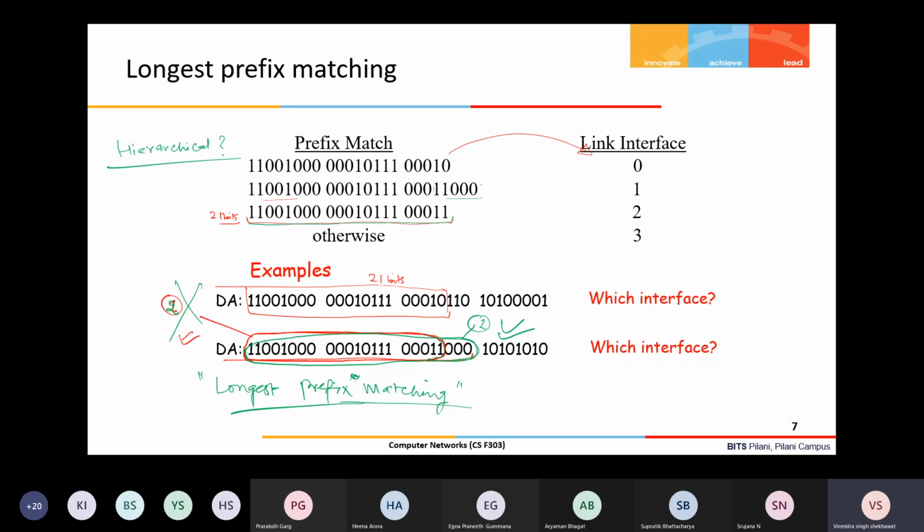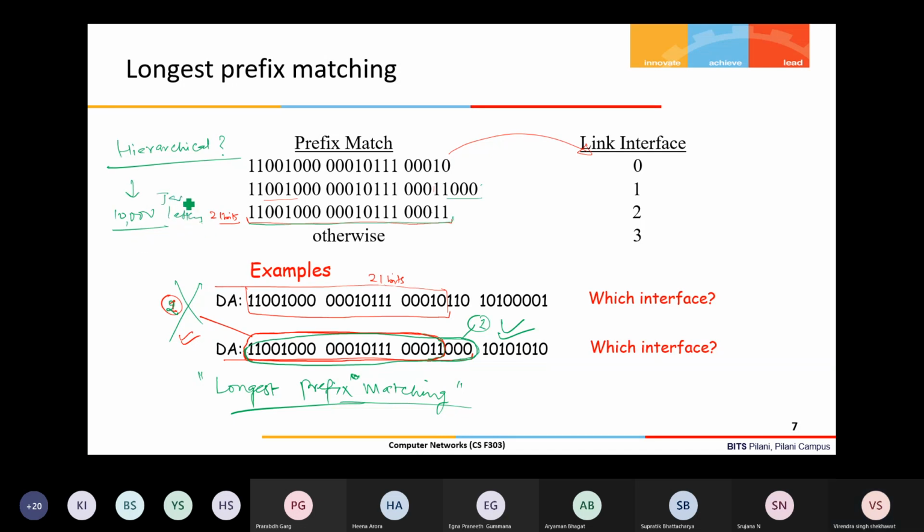Take the example of the postal service. Suppose there is a set of letters whose destination is, let us say, Jaipur. For Jaipur there may be 10,000 letters.